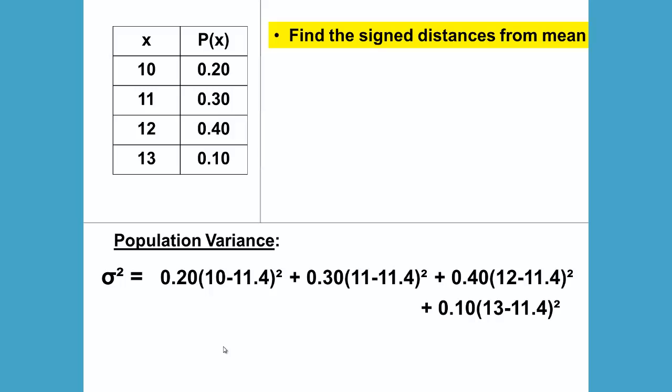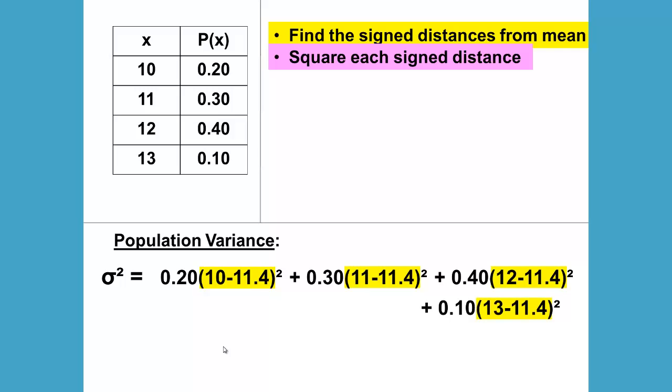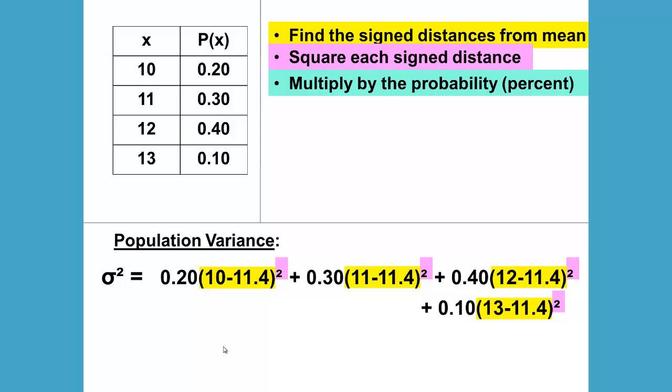Okay, so find the signed distances from the mean, and that's highlighted there in yellow. Square each of the signed distances. That's highlighted in pink. Multiply by the probability or percents. That's highlighted in aqua. Add.